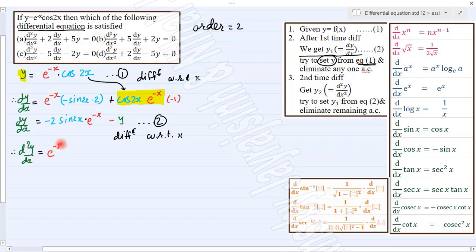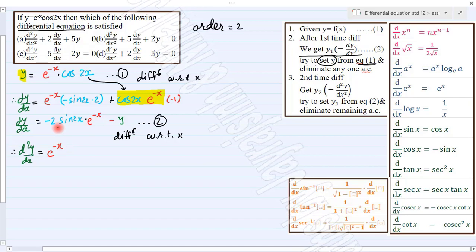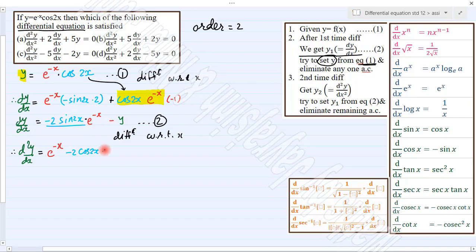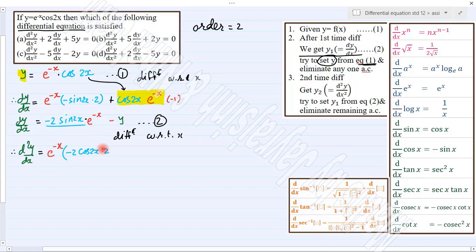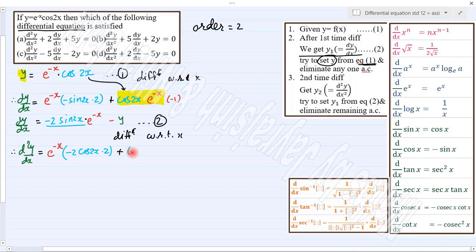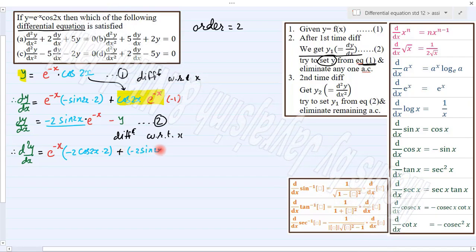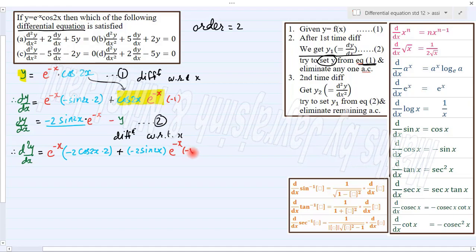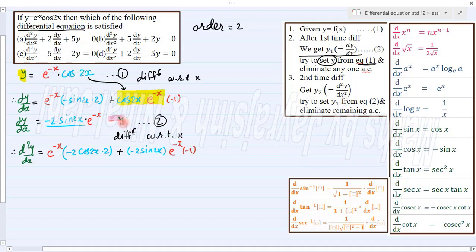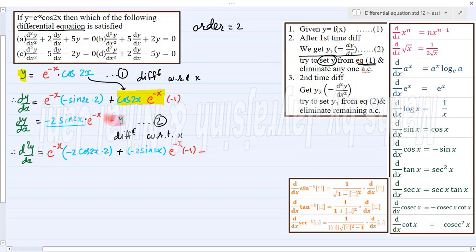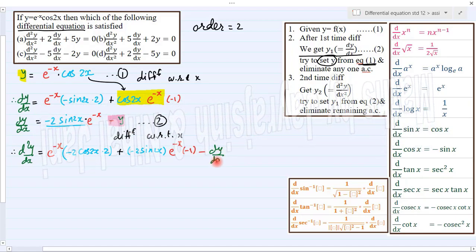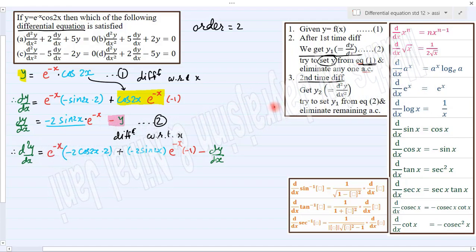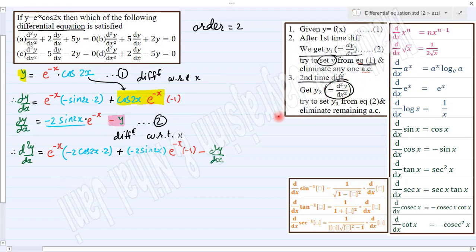Let's say e raised to minus x will be as it is, and differentiation of minus 2 sin 2x will be minus 2 cos 2x into coefficient of x, which is 2, plus your minus 2 sin 2x will be as it is, and differentiation of e raised to minus x will be e raised to minus x into minus 1, and finally differentiation of minus y will be minus dy by dx. So we second time differentiate and we also get d square y by dx square.